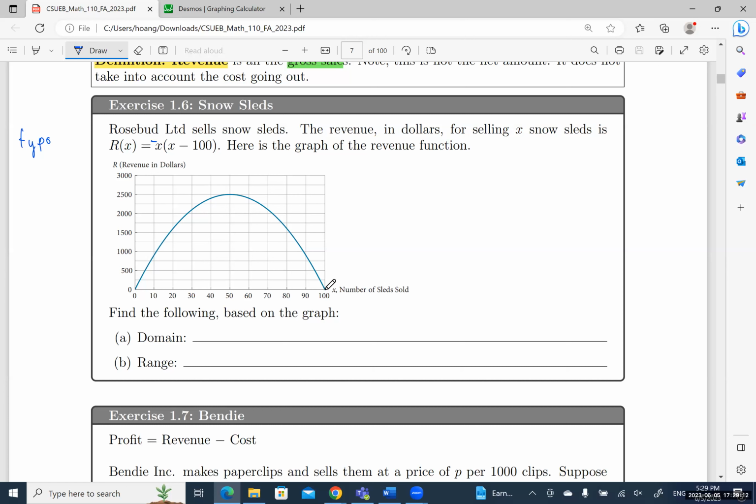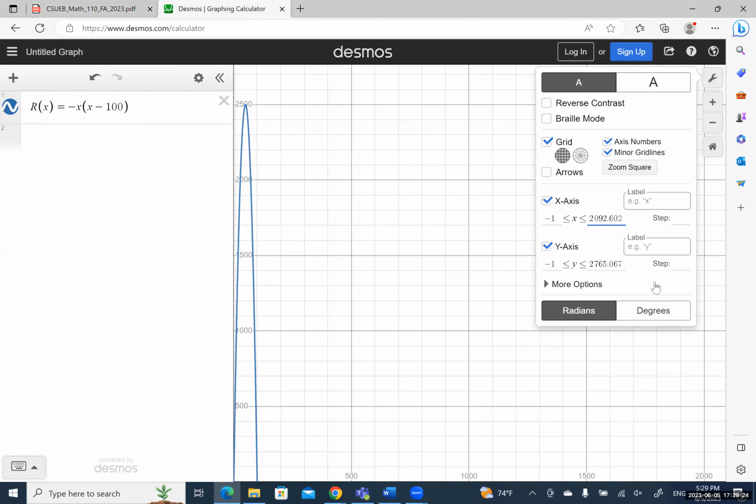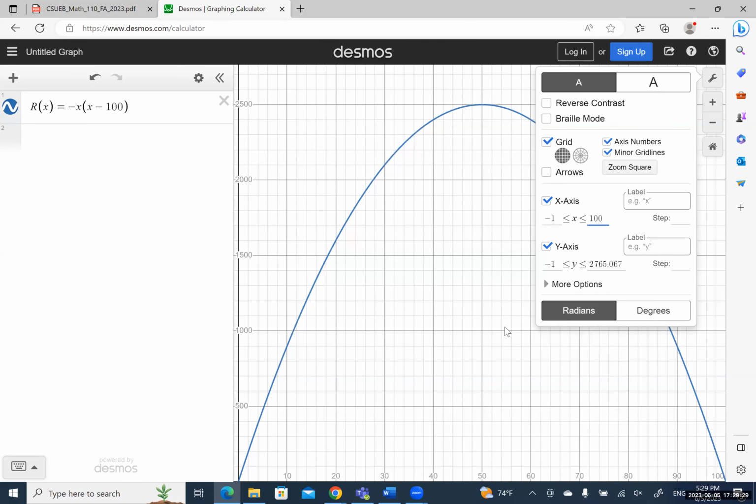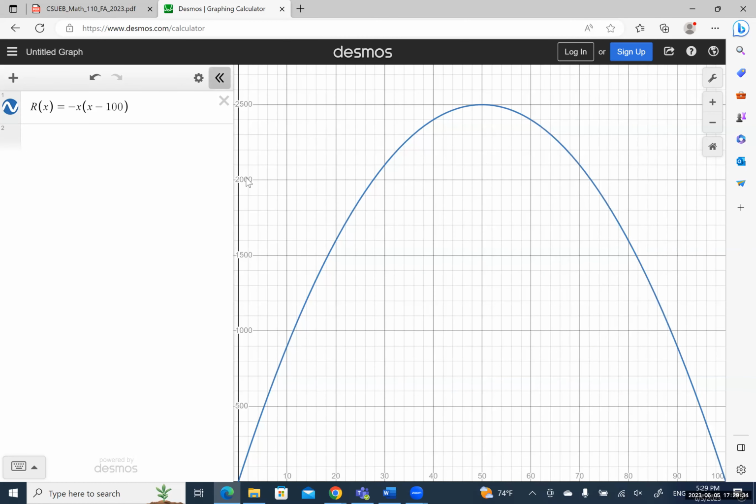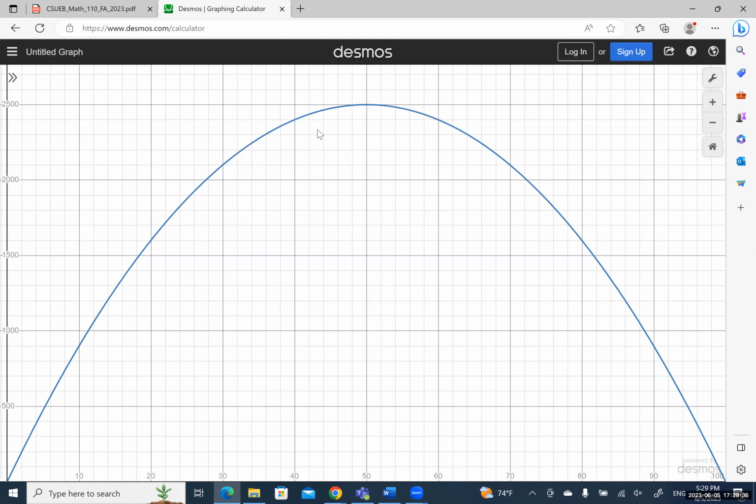After this it goes negative, so we don't care about x greater than 100. We just care about 0 to 100. So I'm going to change this to 100. Okay, now I'm done with the graph, and this is the revenue of this company, just between 0 and 100.